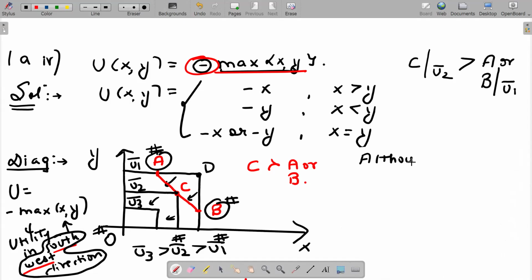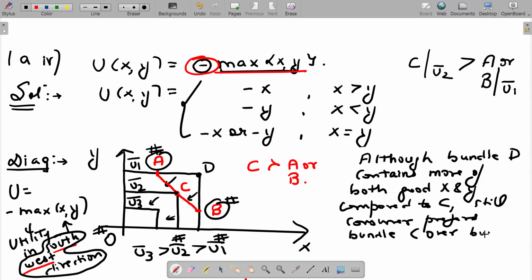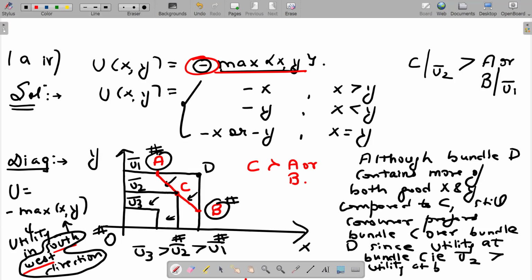I am writing it here: although bundle D contains more of both good X and Y compared to C, still the consumer prefers bundle C over bundle D. Since utility at bundle C, that is U2 bar, is more than utility at bundle D, that is U1 bar.